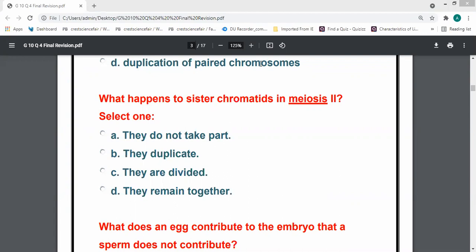Answer this question, please. Which letter is the right one?